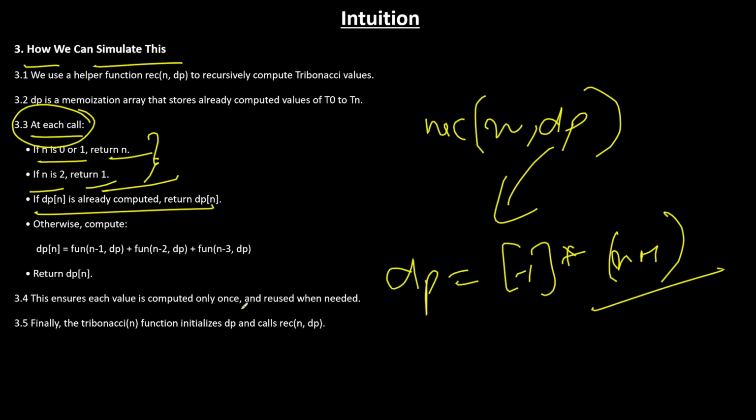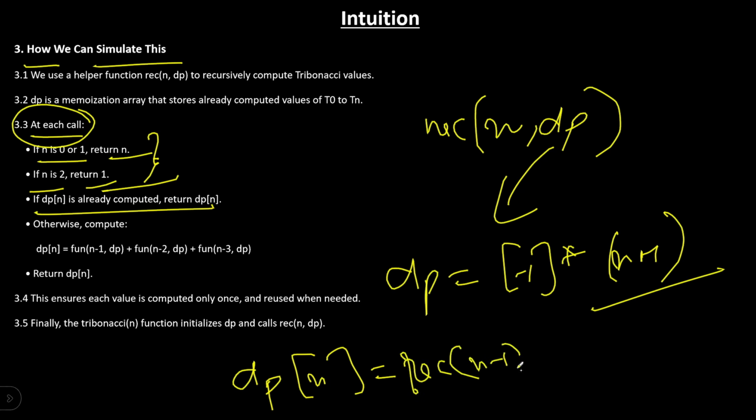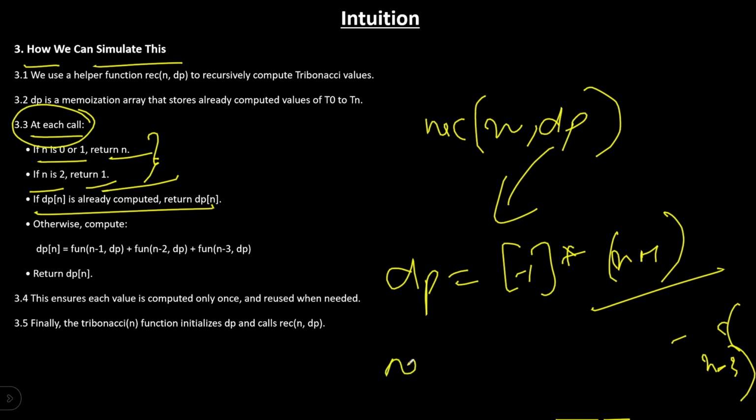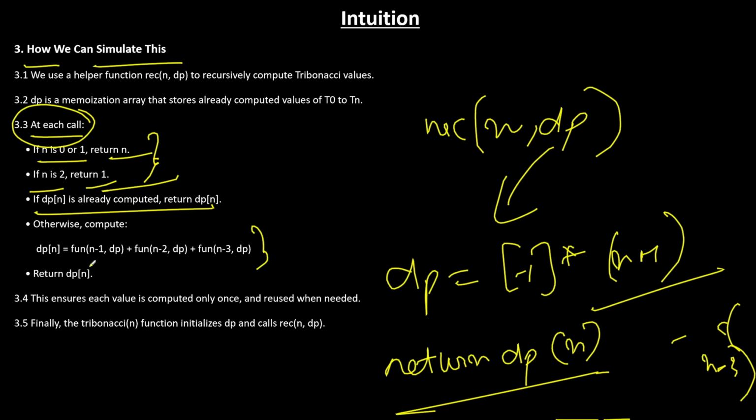Otherwise, we compute dp of n equals, suppose the function name is rec, rec of n minus 1 plus rec of n minus 2 plus rec of n minus 3, correct? And at the end, after the recursion is done, we will return dp of n.